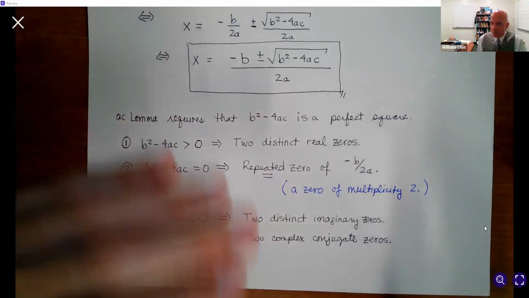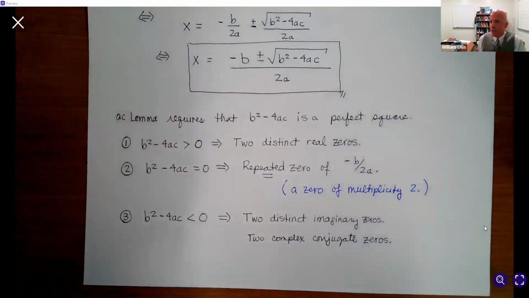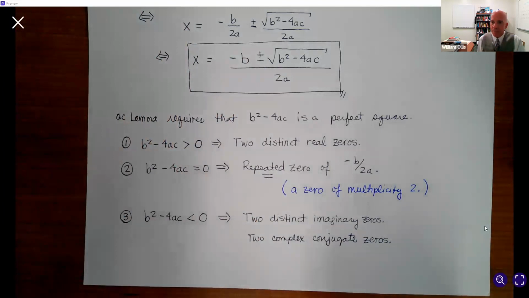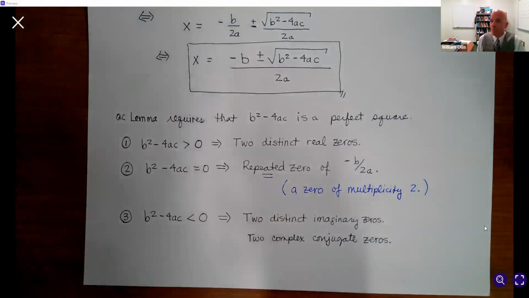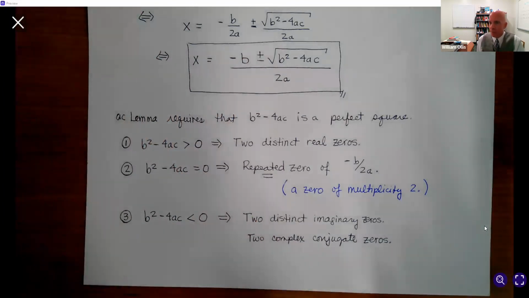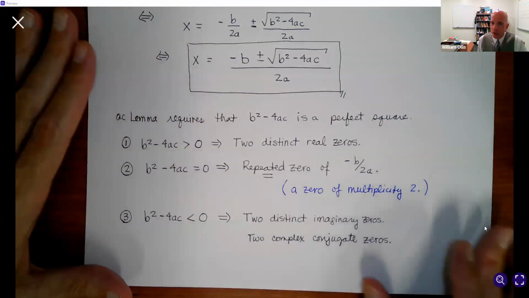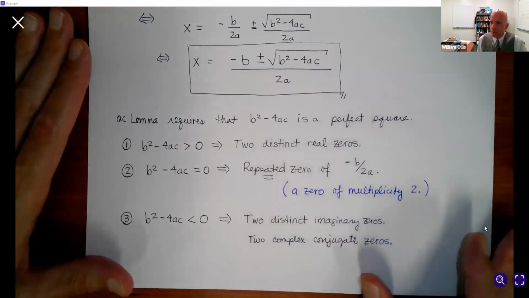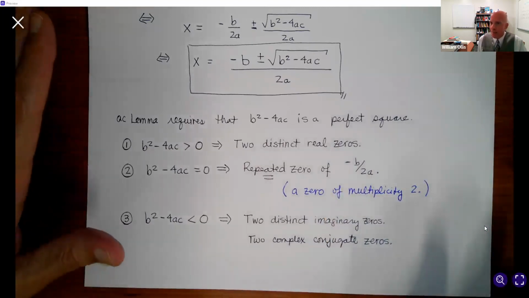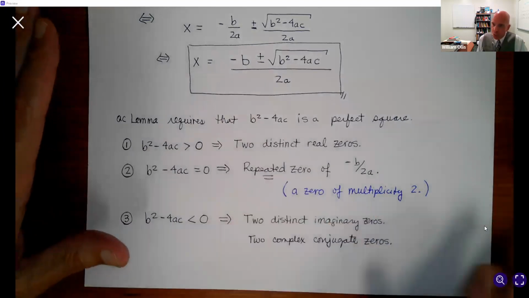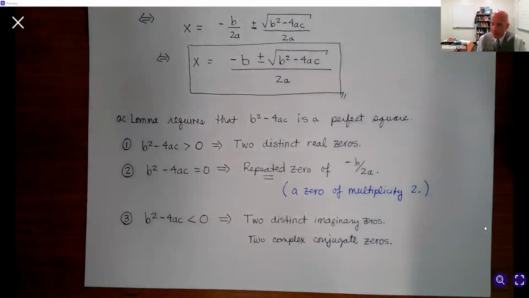Now, there's a certain amount of vocabulary here, but what it means is that if you have real polynomials and you have an imaginary zero, then automatically you get that the conjugate of that complex zero or imaginary zero is also a solution. We'll say more about that too. So there's a whole lot of theory going on here that we're going to investigate more as we move through the class. But for right now, I'm just trying to open the door to that.